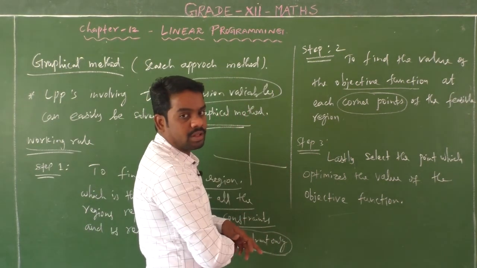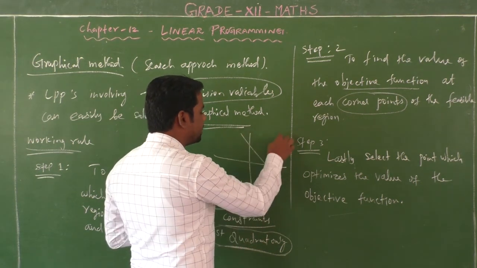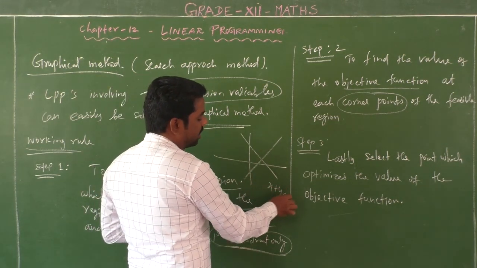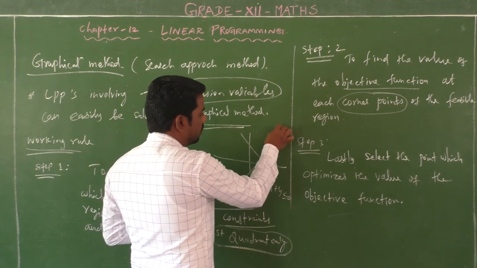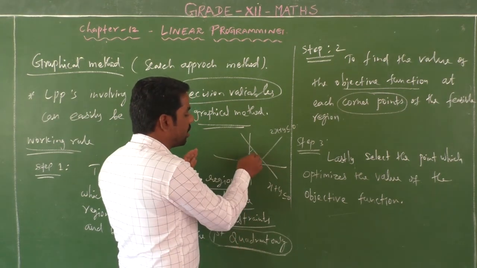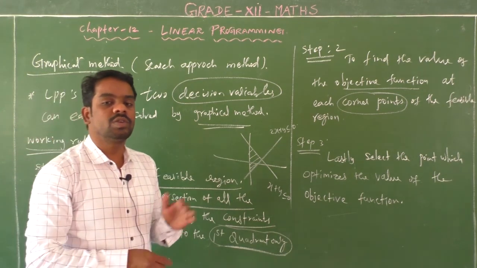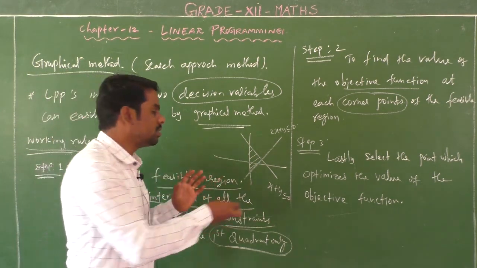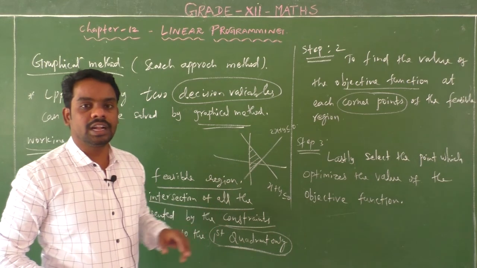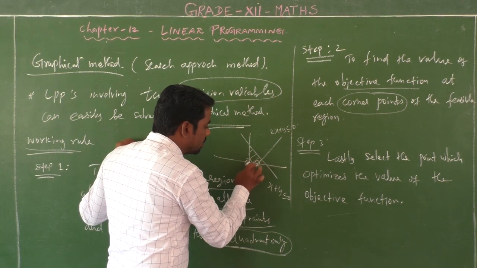For example, listen. A graph is given with 2 restrictions, 2 lines like this. This is line 1, x plus y less than or equal to some value, and line 2, 2x plus y less than or equal to some value. The part where the two intersect and are bounded, this is the feasible region, in the first quadrant only.